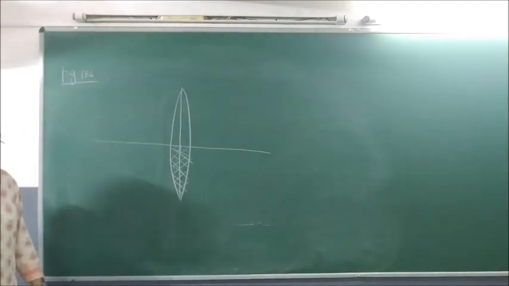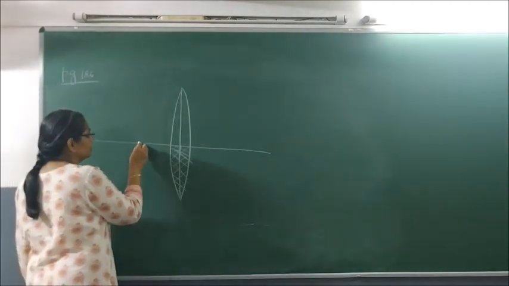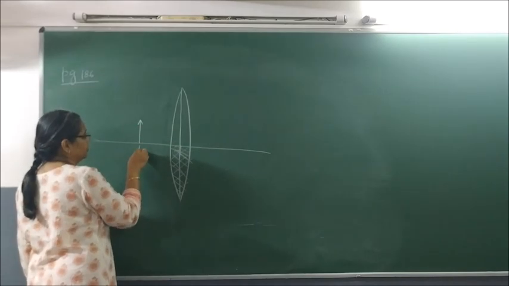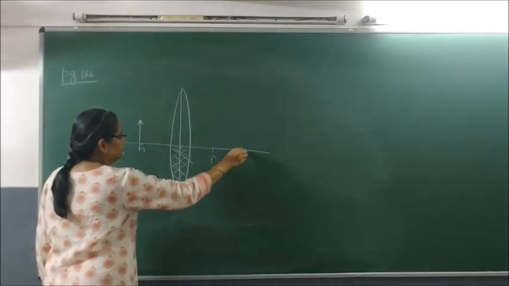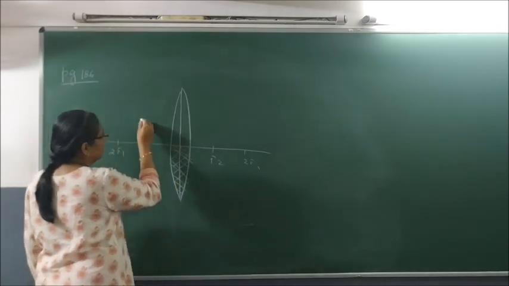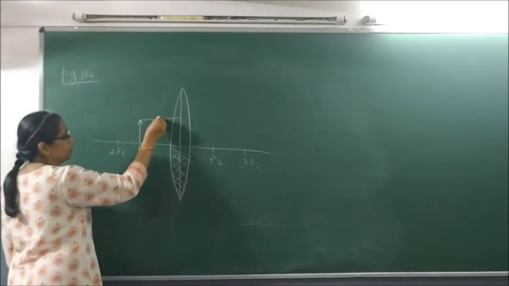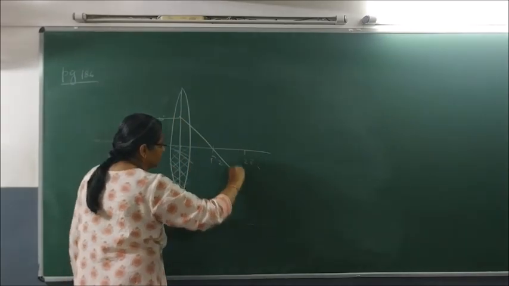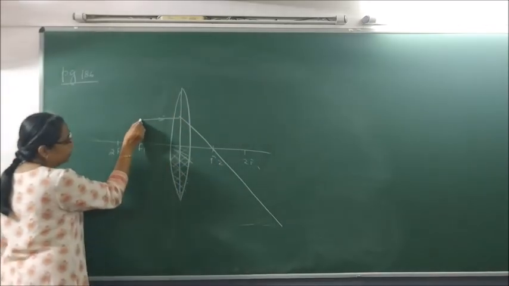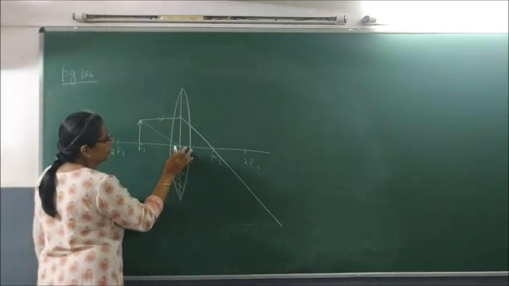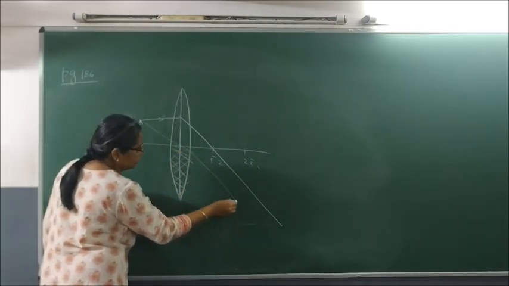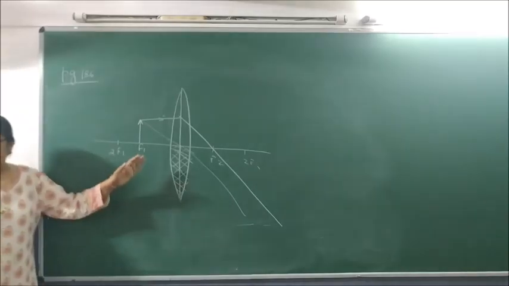So let us place an object at F. So one ray will pass through the principal axis and it will pass through focus. I will find another ray passing through the center and focus. Draw it correctly.